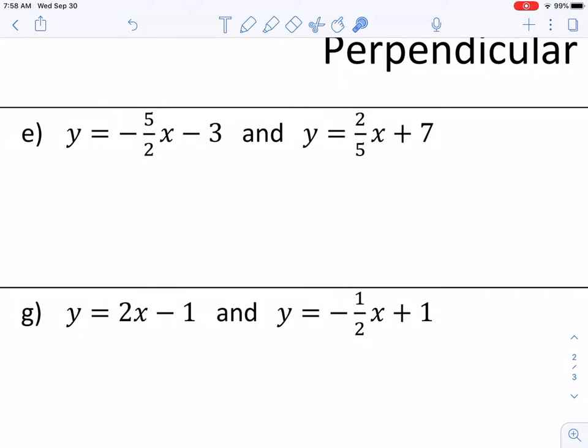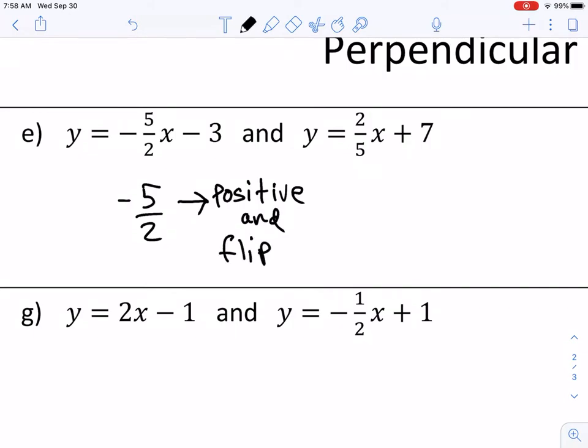And for these, when we have a slope of -5/2, the opposite reciprocal means it's going to need to be positive. That's the opposite. And flipped. It needs to be positive and flipped.